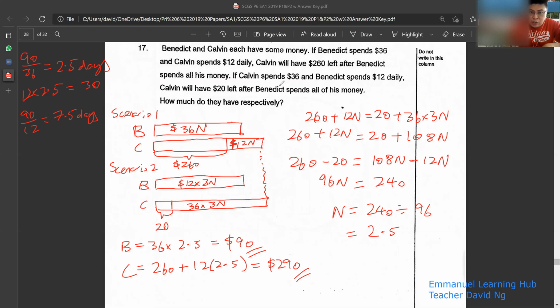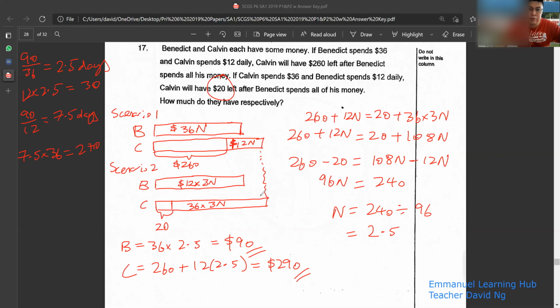You times 36. Is that 270? Then 290 minus 270 is 20. Correct? $20 left. So this is how you check.